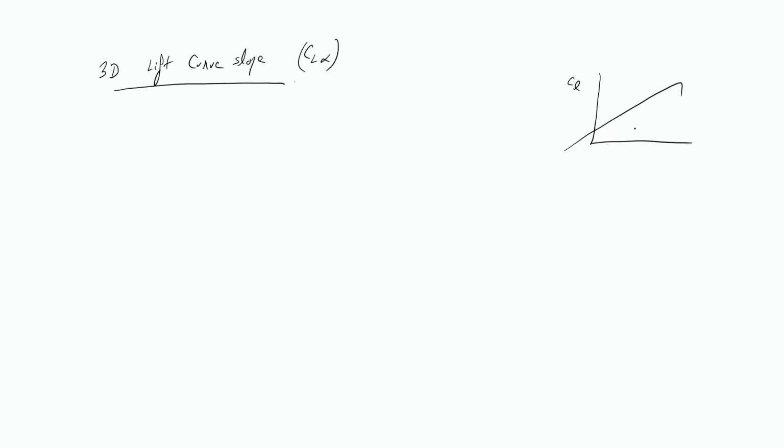So now we have a 3D lift curve slope. Okay, that is CL alpha. Fine. So remember, the small cl alpha was like this. This is CL, this is alpha. I will be drawing this figure again and again so that it embeds in your mind.